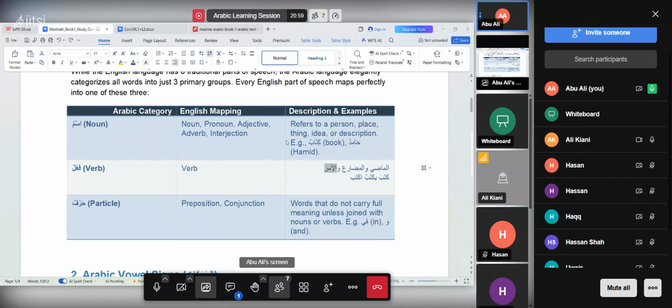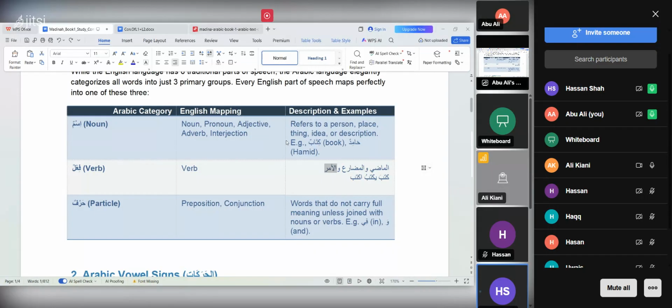Mr. Hassan Shah, can you tell me the three types of words in Arabic? The main three. اسم، فعل، حرف. Okay, noun, verb, and particle. That's very nice, brother. Can you tell me the three types of verbs in Arabic?